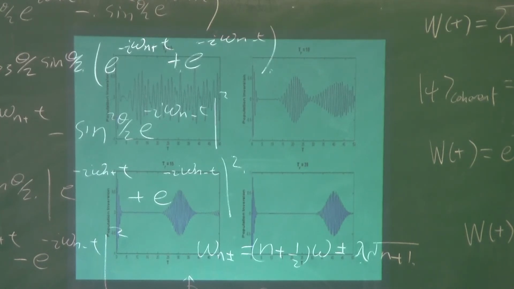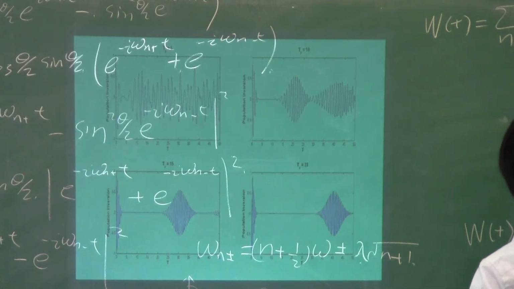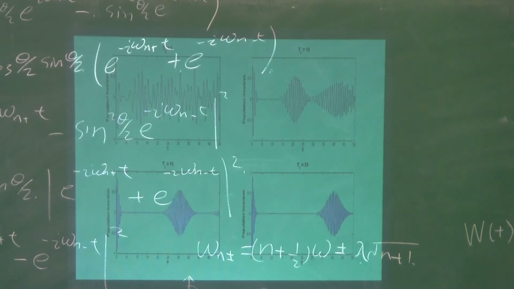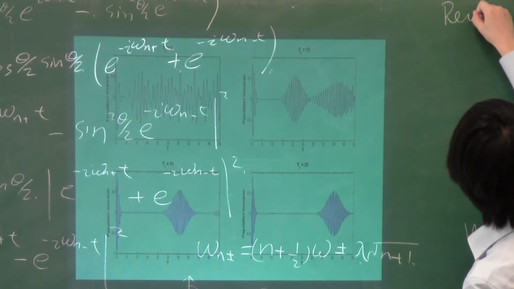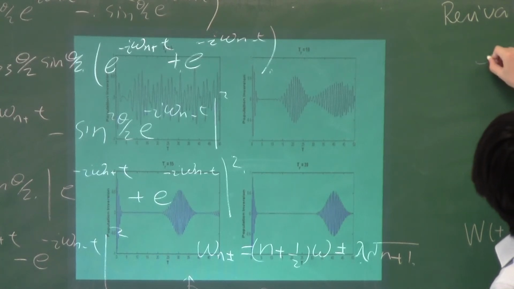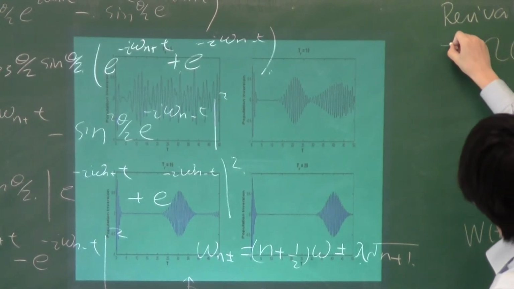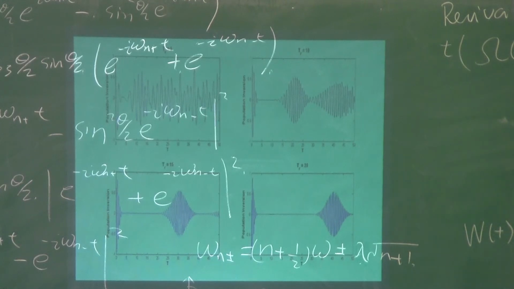So when are they in phase? We can write simply the revival: omega of n bar and omega of n bar plus 1 state, when the time is such that their difference is equal to an integer multiple of 2 pi.